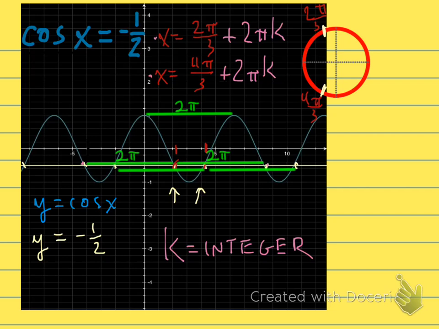So that right there solves all the problems. In other words, we are expressing the infinite number of solutions to that equation simply by adding on the little tag plus 2 pi k. Pretty cool, huh?